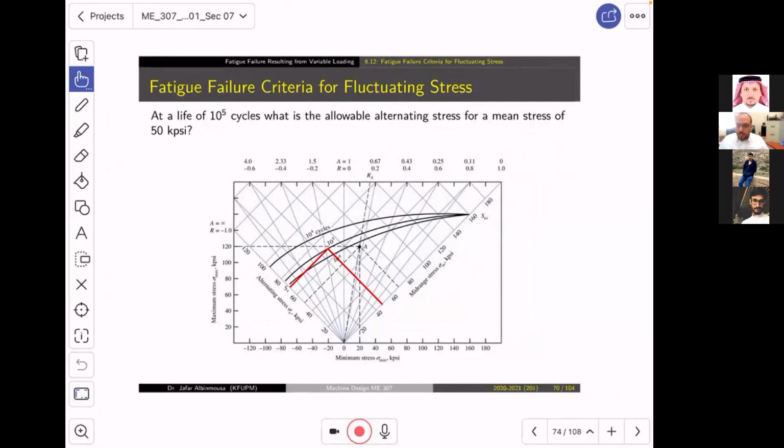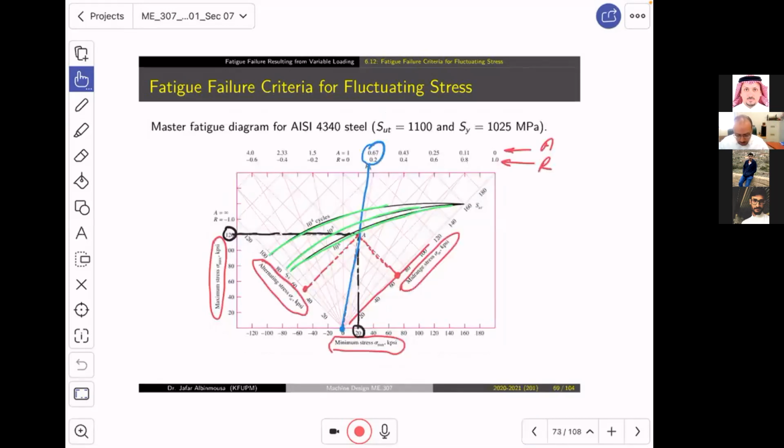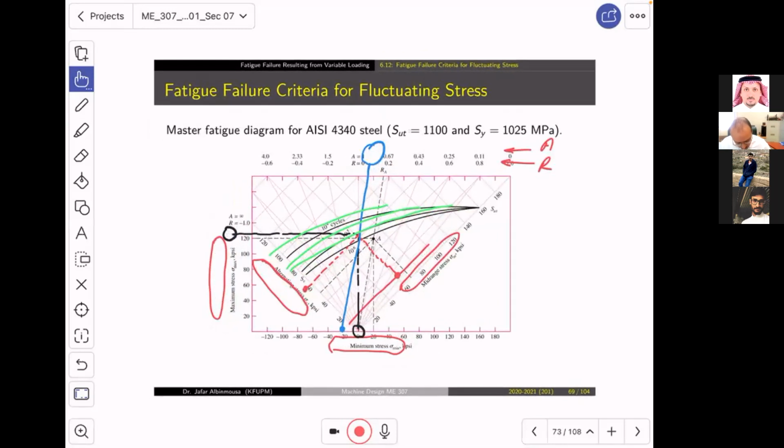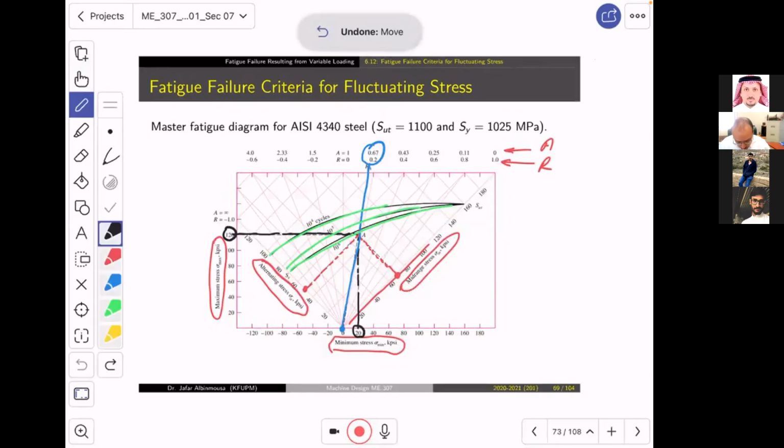You would imagine that you have everything in your hand if you have a master diagram for every single material, but it is mostly for steel, as we know, because steel was, and still is, a very important material.